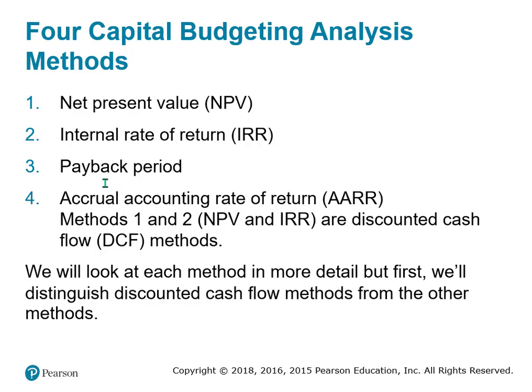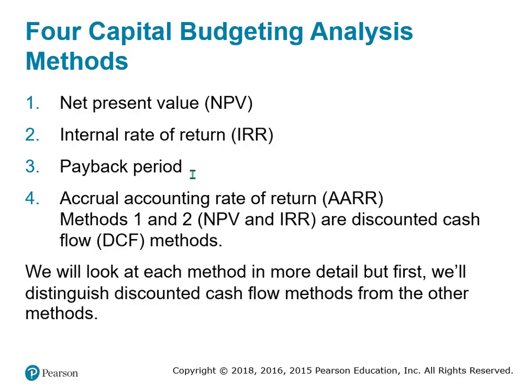But what payback tells you is how long this project's going to stretch out before it pays for itself. So the longer it takes to pay for itself, the riskier the project is, because things change in the meantime. So that's what payback tells you, and it's a short, easy number to get, easy to understand, so managers like it.